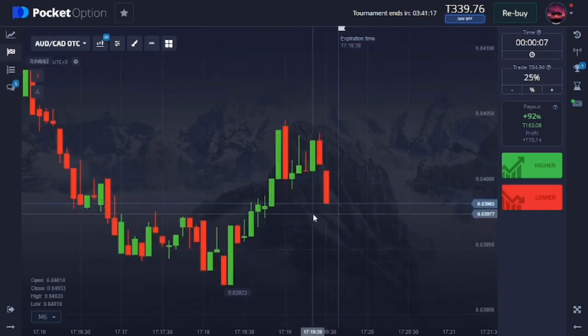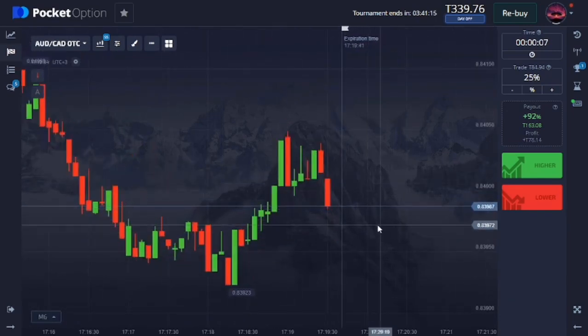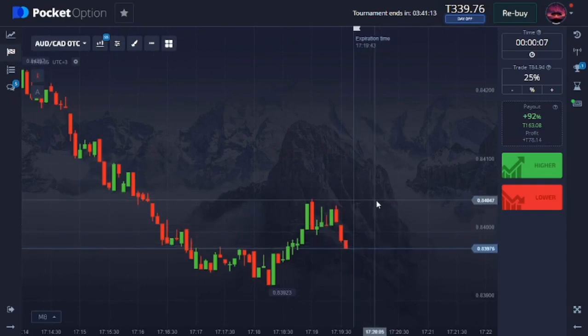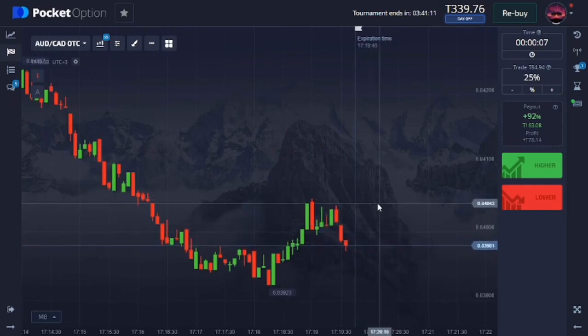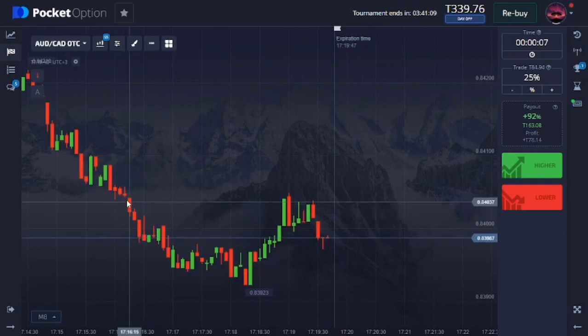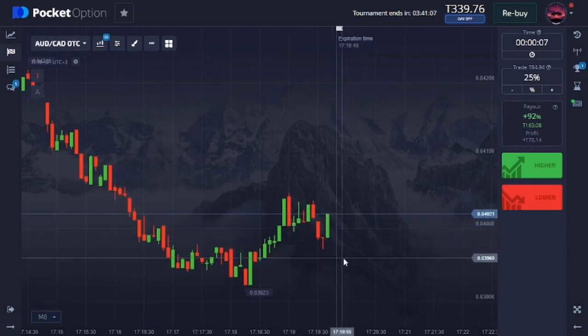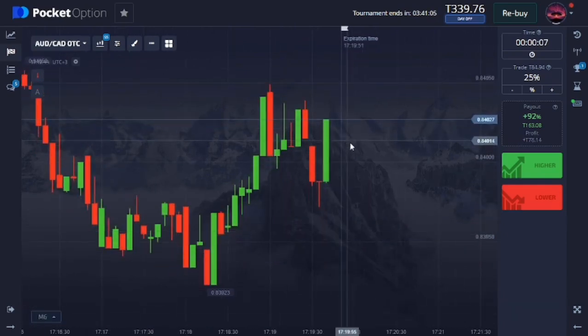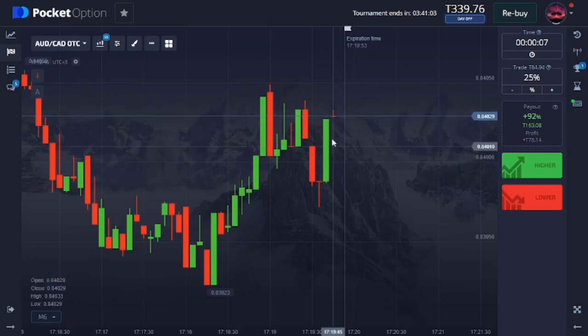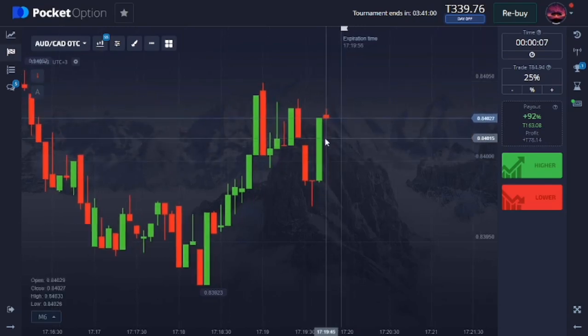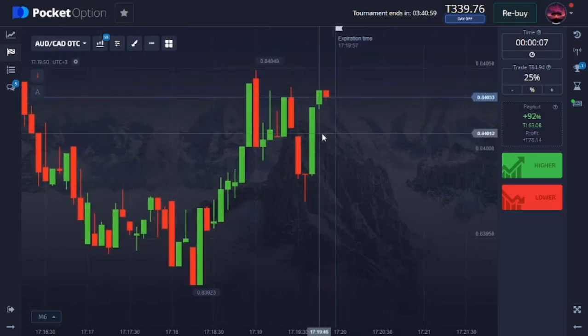Let us see the retrace back. Yes. Yeah, it fills a gap right here. Okay, what we want to see is a retracement back, at least halfway.